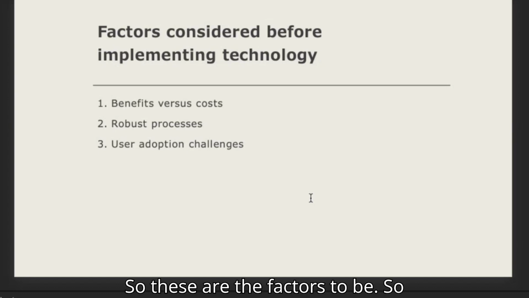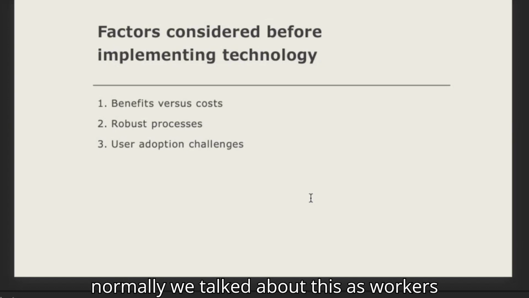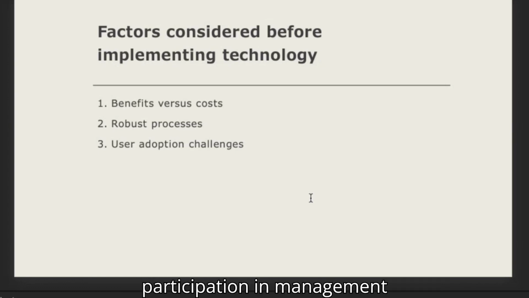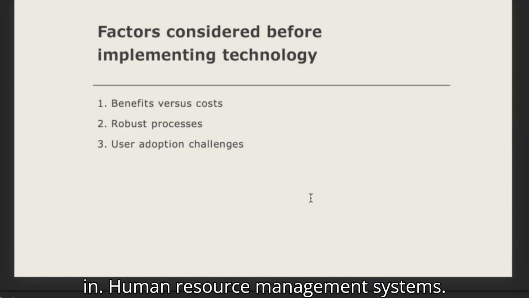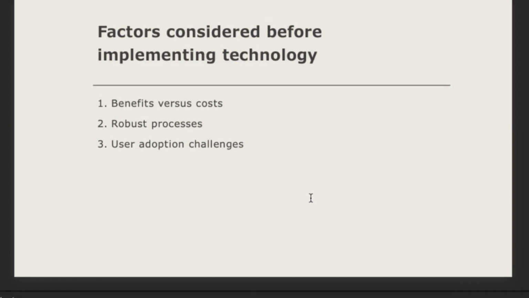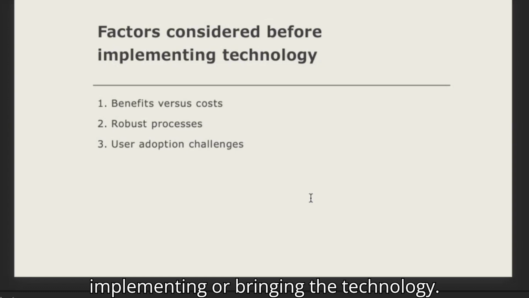So these are the factors. See, normally we talked about this as workers' participation in management, in human resource management systems. So this is a very important thing that we need to consider before implementing or bringing the technology.